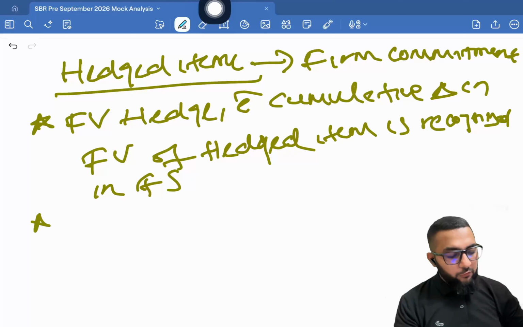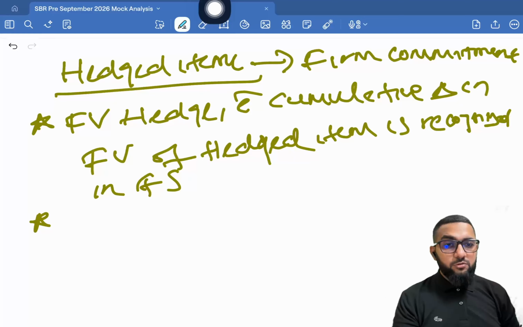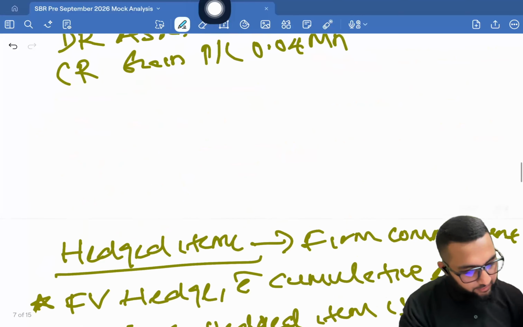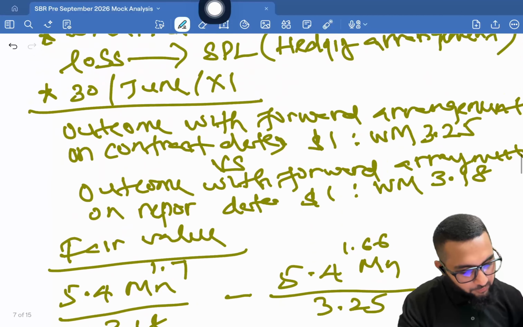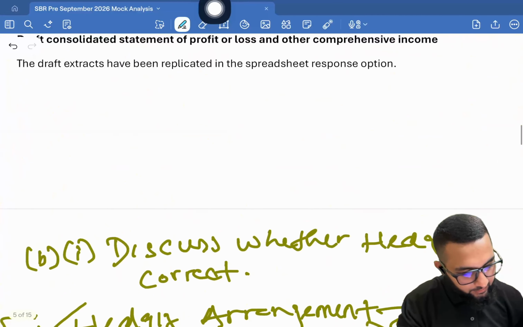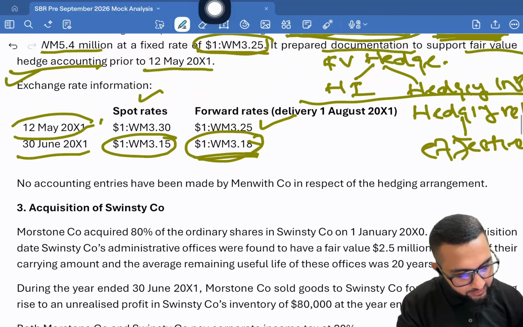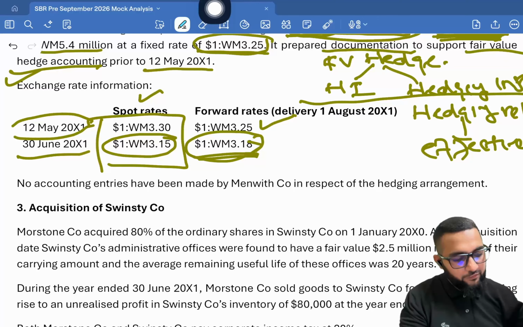Now how do you do the comparison of the fair value? The fair value will use the spot rate, so you do a comparison between spot rates. Go back: we have spot rates of 3.3 versus 3.15.